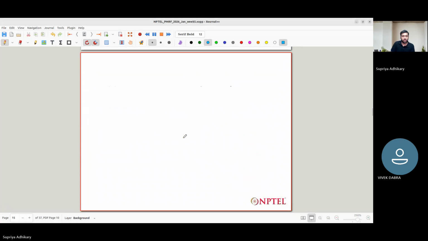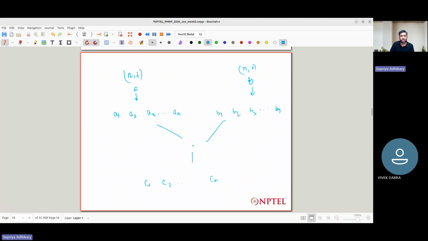If A has been shared as A1, A2 up to An, and B shares have been generated like this, B1, B2 up to Bn, then just doing the multiplication gives us C1 up to Cn, but this would be an (n,2t) sharing instead of an (n,t) sharing.